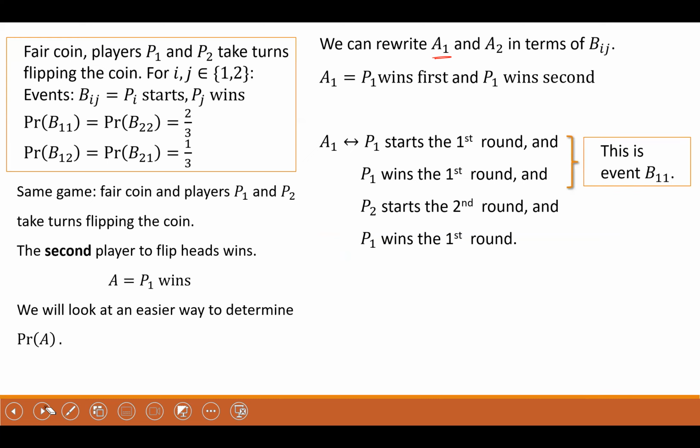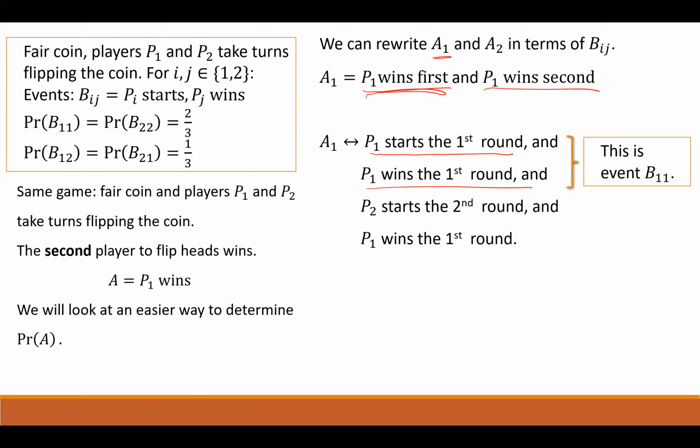I think I did a typo here. Oh no, sorry. So A1 is player one wins the first round and second round. And then I can look at that as player one. I know player one starts the first round, and then I know that player one wins the first round.